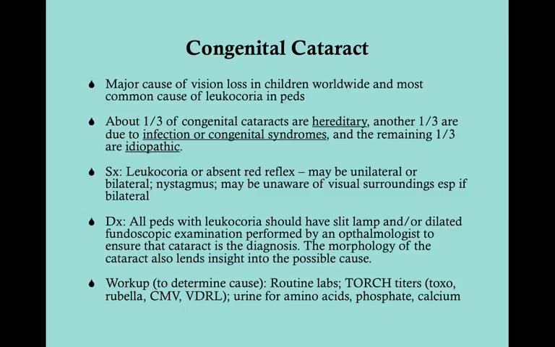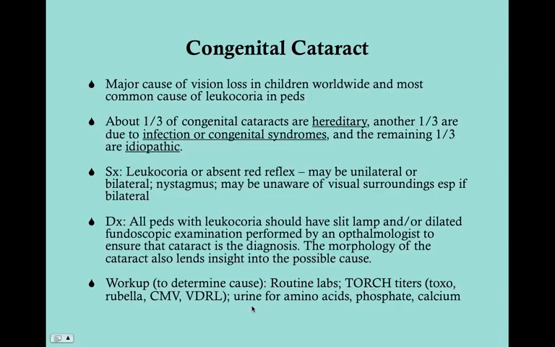The O for other can be parvovirus B19, syphilis, or Coxsackie virus, although that can also fall under C. So all of those vertically transmitted infections, a lot of those can cause congenital cataracts, but especially toxoplasmosis, rubella, CMV, and herpes simplex virus. So you'll want to get tests for that.